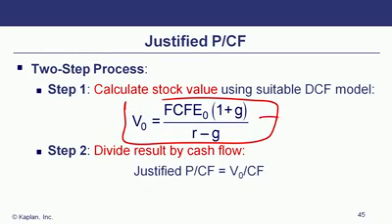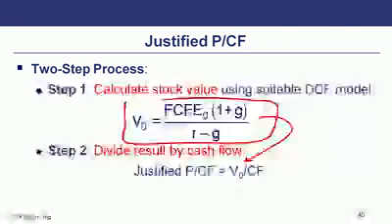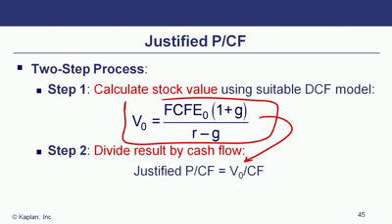So notice I take the value and I divide that by cash flow. This basically helps me with a justified price to cash flow ratio, right? Now, keep in mind, this is a process in which we are creating a fundamental justified value, as opposed to going out in the marketplace and seeing what other companies' ratios look like, or a comparable model.